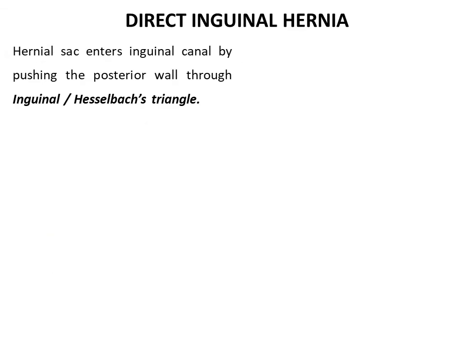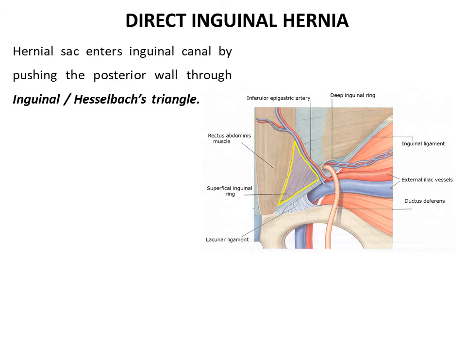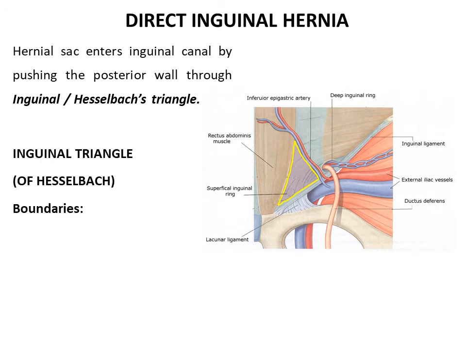The direct inguinal hernia. Here the hernial sac enters the inguinal canal by pushing the posterior wall of the inguinal canal through an area called the inguinal triangle or the Hesselbach's triangle. The boundaries of this Hesselbach's triangle are important.